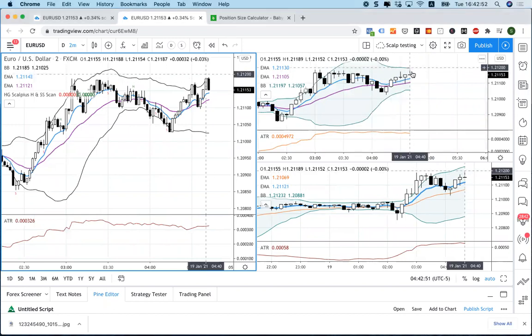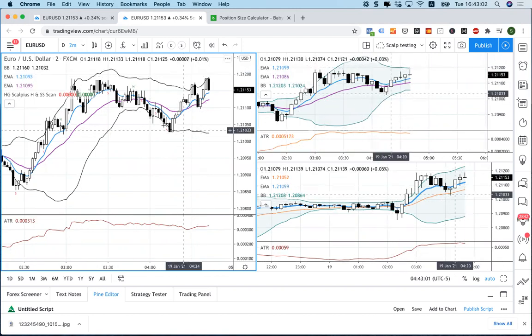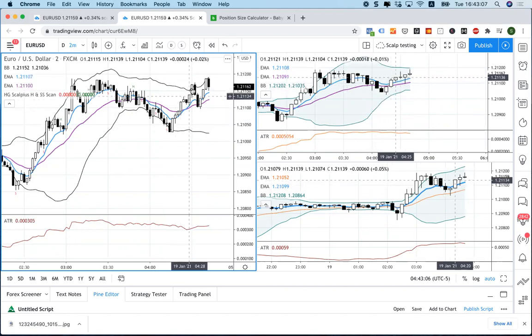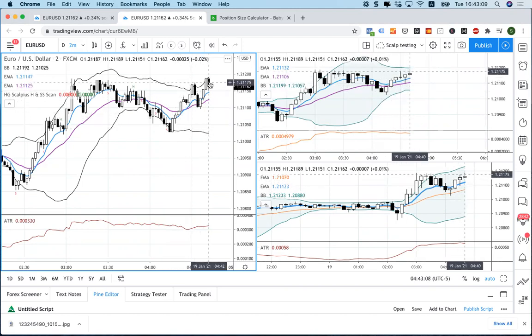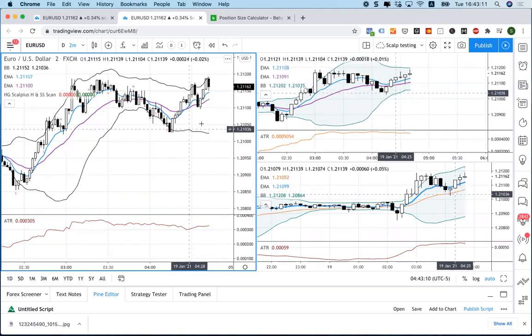So we've got to keep an eye on if we touch the upper Bollinger, which we haven't yet. Less than a pip away from it though. And this one we're definitely not. We have 20 bars to complete a setup from here. So 1, 2, 3, 4, 5, 6, 7, 8, 9, 10, 11, 12, 13, 14, 15. Highly unlikely that we get a long setup now, which is the pain in the ass.